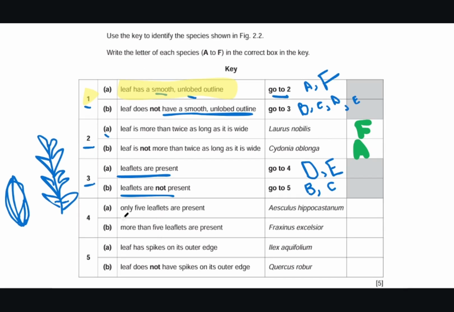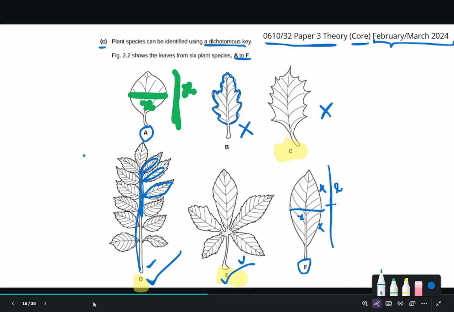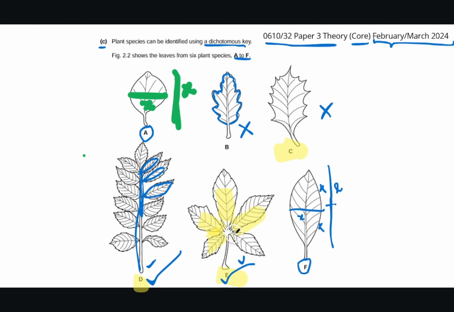All right, now if leaflets are present, then I'm going to go to key number 4. Key number 4, part A, says that only 5 leaflets are present. So let's see which one has 5 leaflets, D or E. So this is D and this is E. I can clearly see over here that E has 5 leaflets present. Can you see that too? 1, 2, 3, 4, and 5.